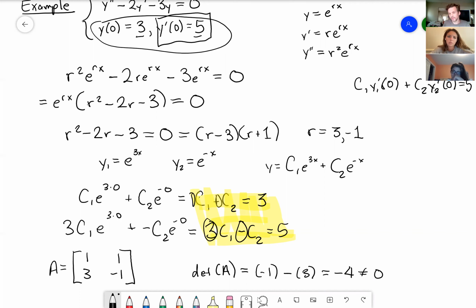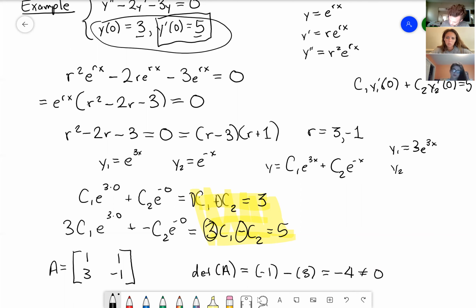So when we take the derivative of y, we get C1 times the derivative of y1 plus C2 times the derivative of y2. And we know what the derivatives of y1 and y2 are. So y1 prime should be equal to 3e to the 3x. Do you agree with me on that? Yeah, I do.